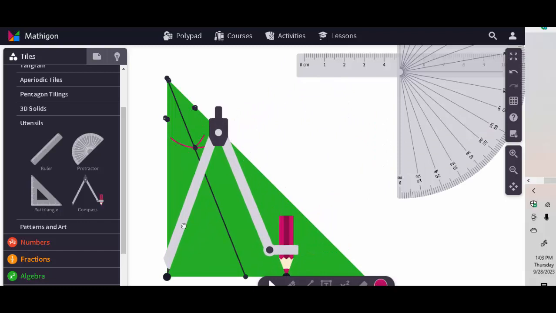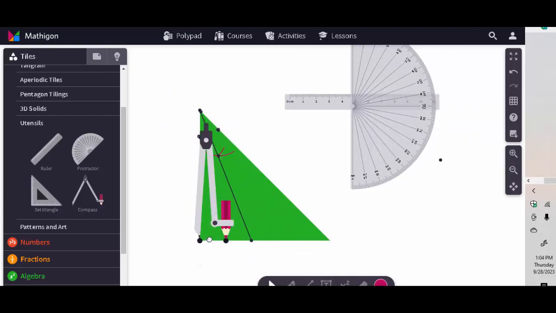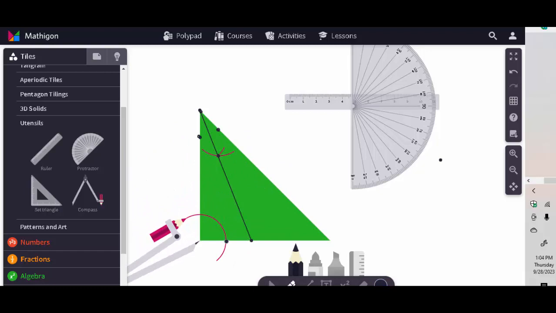All right, so to do another angle, we're going to again put the pointed part of the compass in a corner of the triangle. And we are going to make a very small mark in that angle. We're just going to make a little arc that goes through both sides of that angle. Now make a point where that arc meets the triangle in those 2 spots.